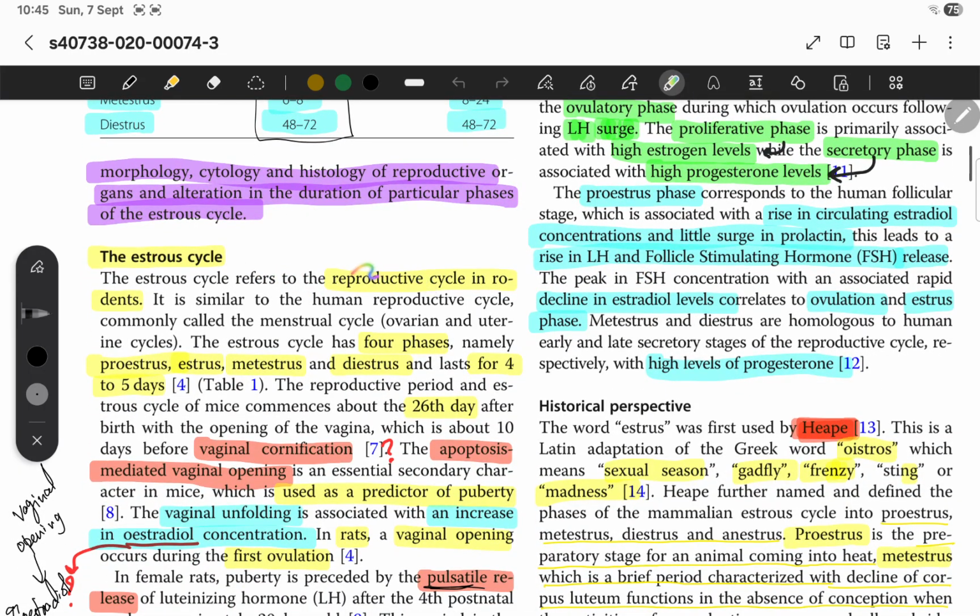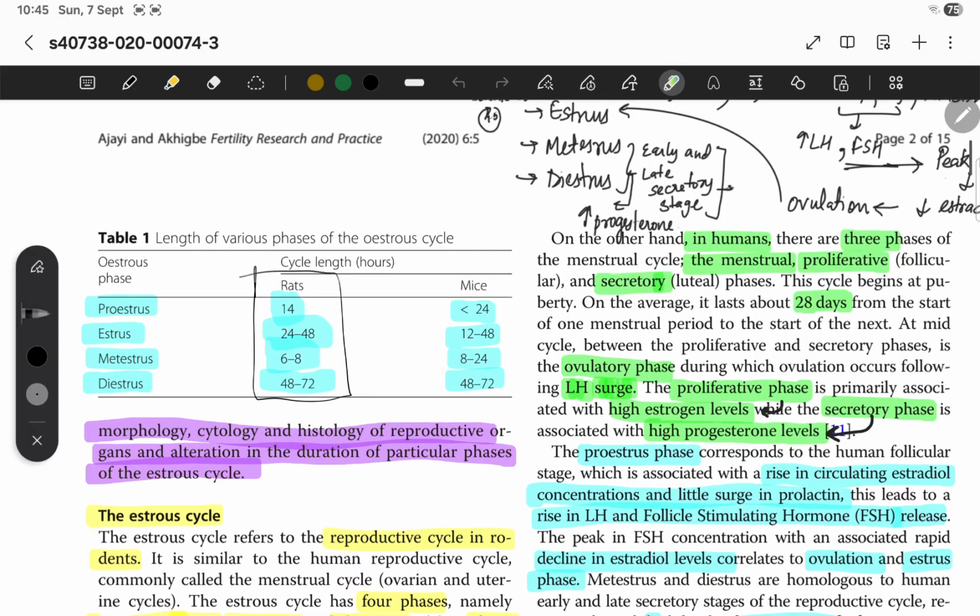The estrus cycle, the reproductive cycle of rodents, is similar to the menstrual cycle in humans. There are four phases: proestrus, estrus, metaestrus and diestrus, and they last for 4 to 5 days. So let us see table 1, the estrus phases of rats and mice.